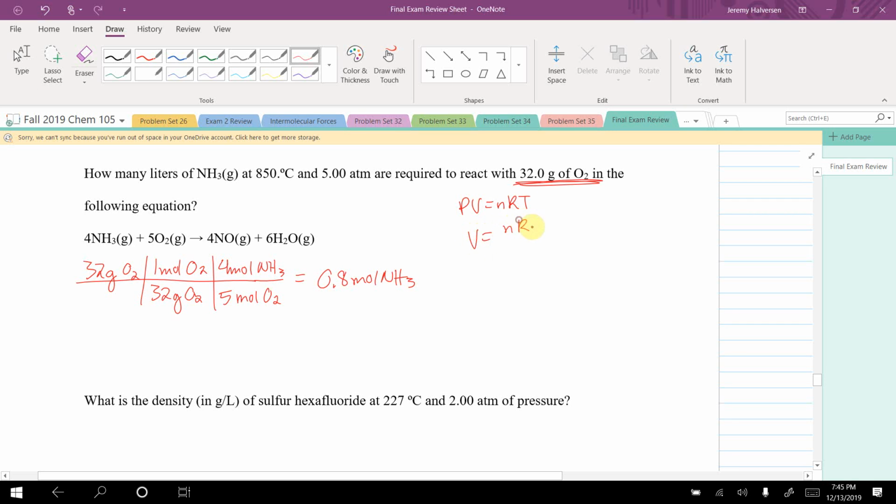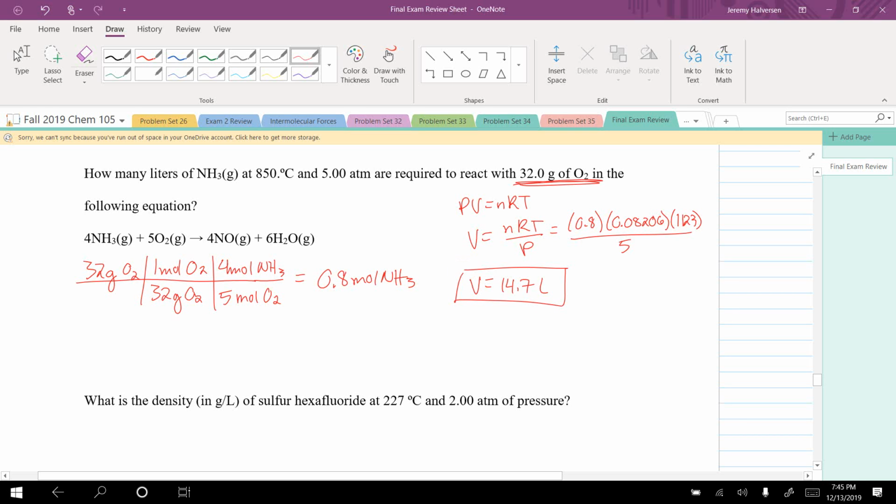I'm looking for my volume. nRT. I got 14.7. Anybody else? Confirmation? Awesome.